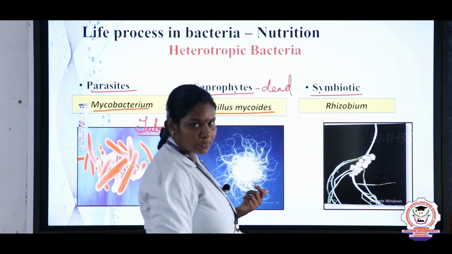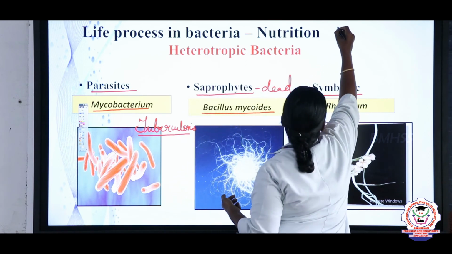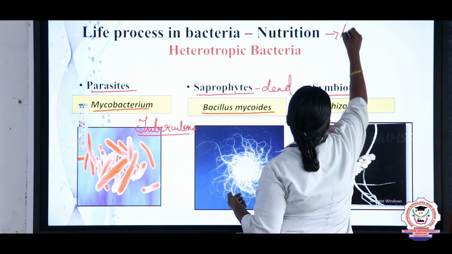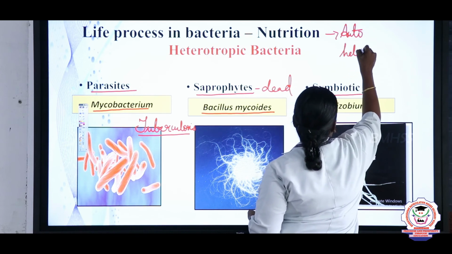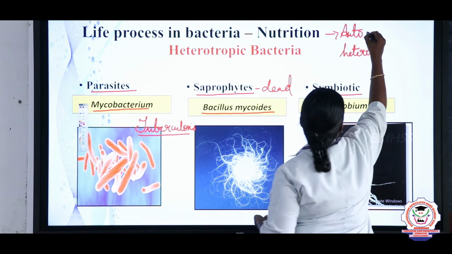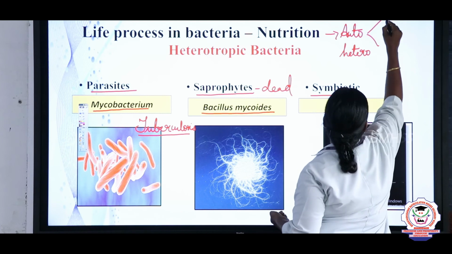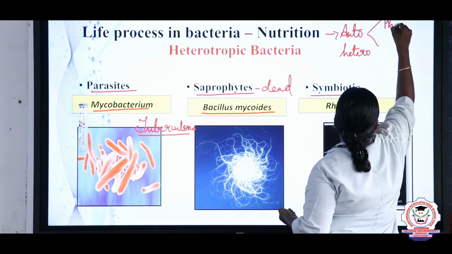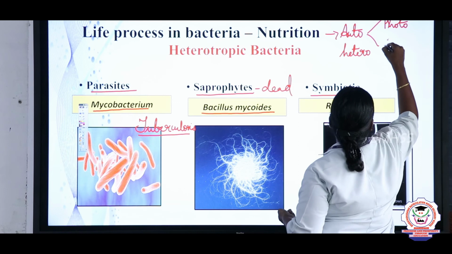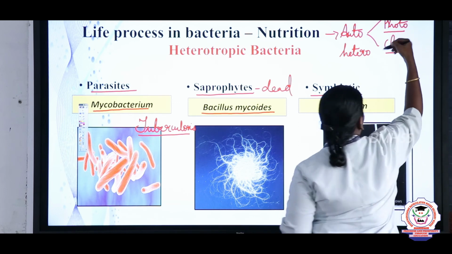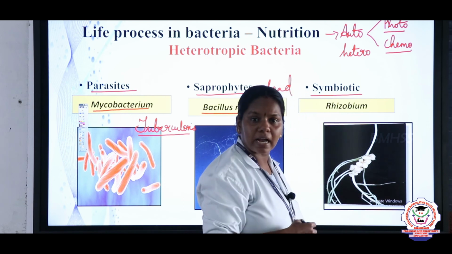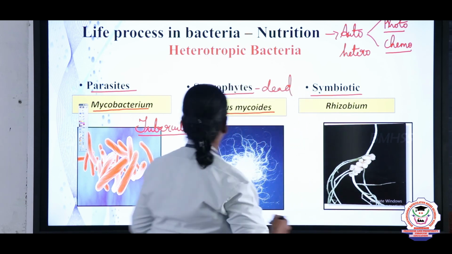So what topics did we discuss, children? Nutrition is of two types, autotrophic and heterotrophic. In autotrophic we discussed the photoautotrophs and chemoautotrophs, and within these the lithotrophs and organotrophs.